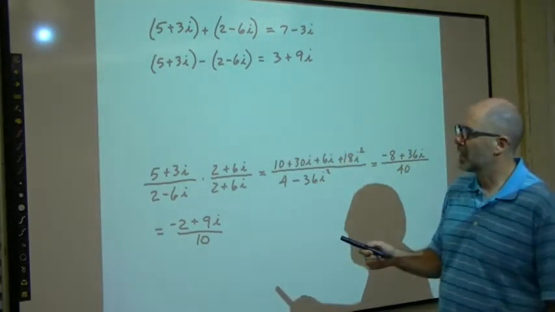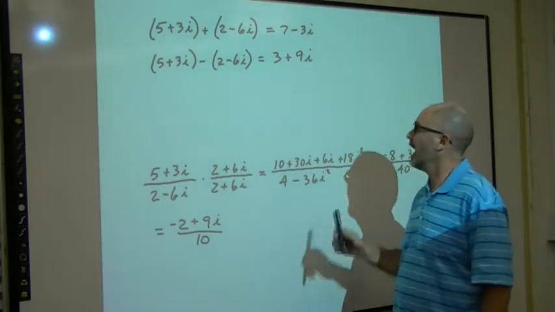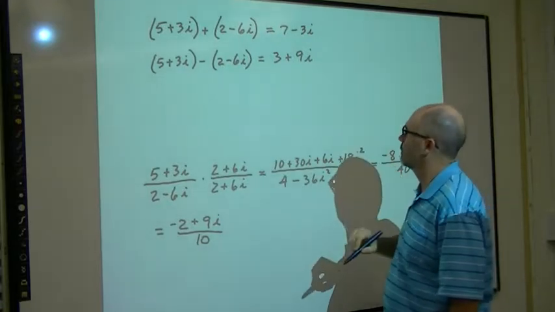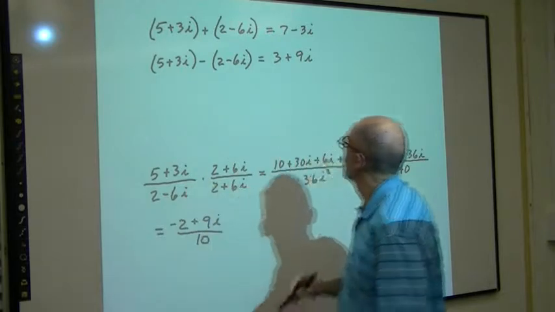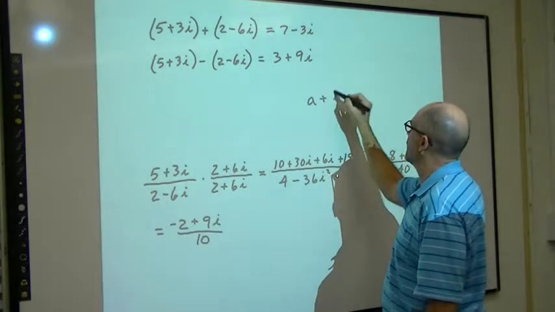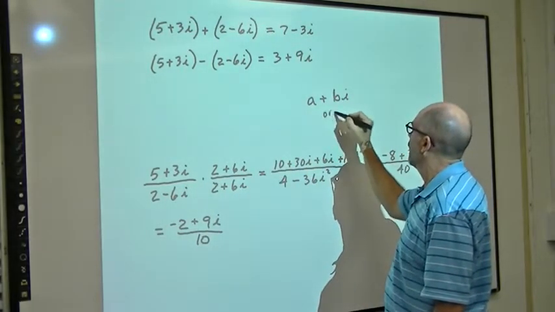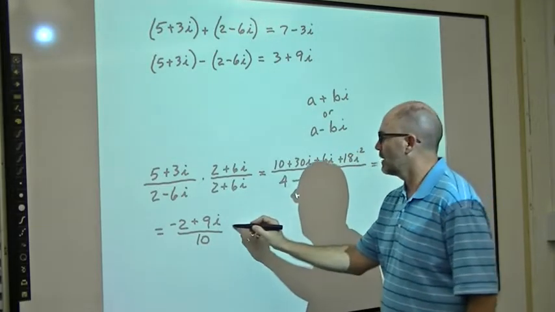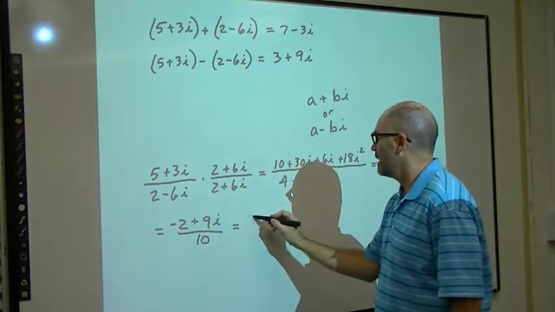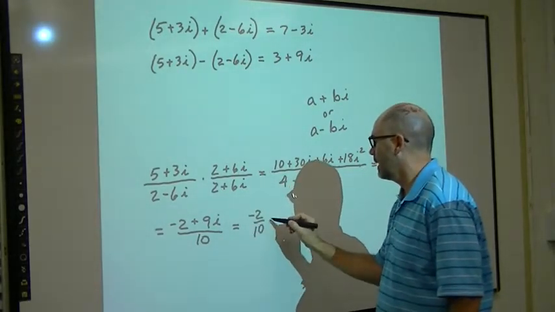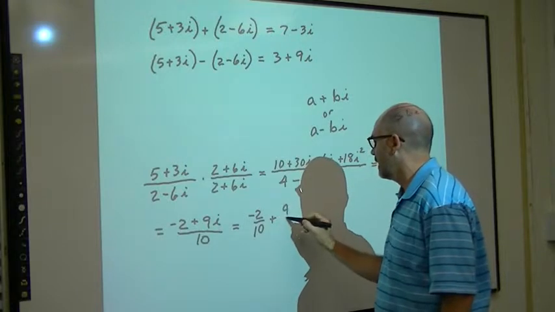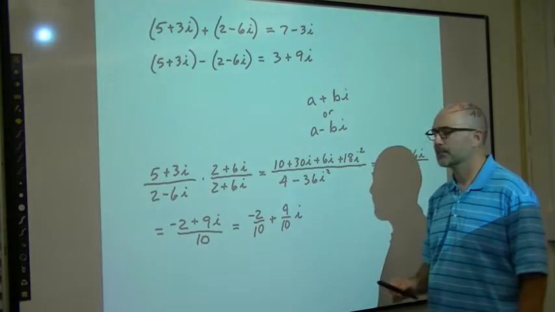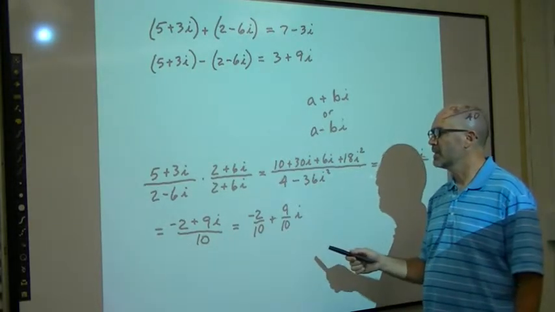So all complex numbers have to be written in the form a plus bi, or a minus bi. So all we do is split this up into negative 2/10 plus 9/10 i. So there's our a plus bi. So this is it, game over.